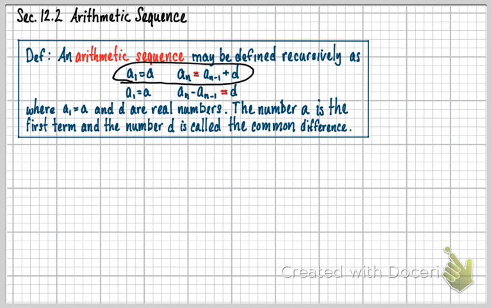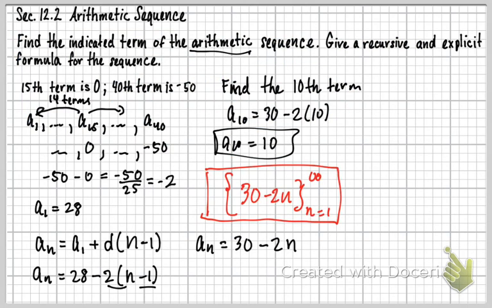That one there says A1 equals A, and AN equals AN minus 1 plus D. So we could actually just use this to get the recursive formula for this one. So then that would be for us, and I'll flip back so you can see it. So my A1 is A.